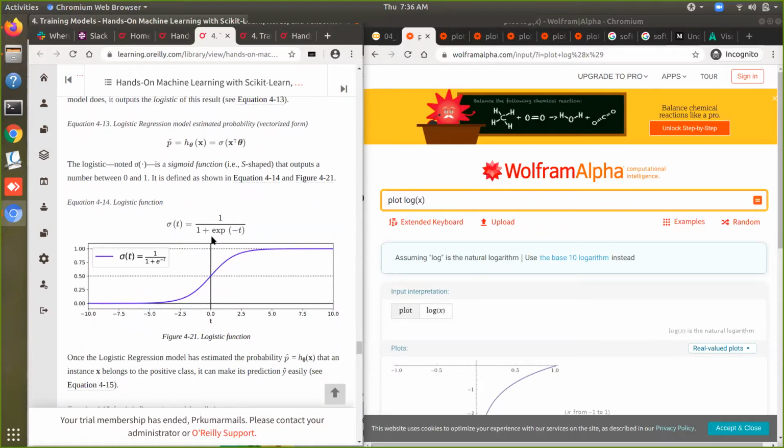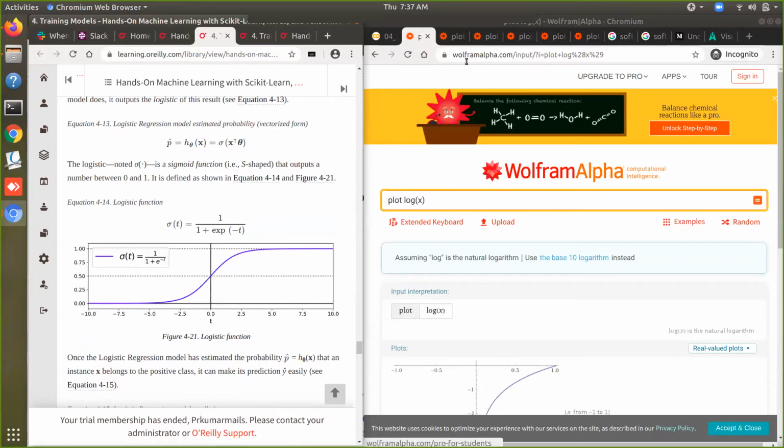It will squeeze the values it is getting into a range, and it crosses the value 0.5 at the point 0.